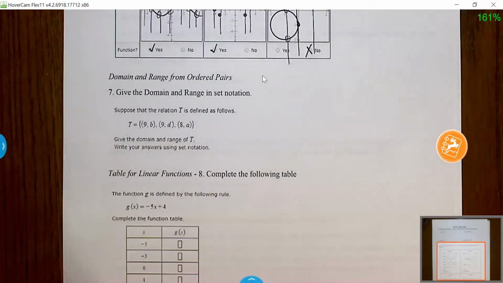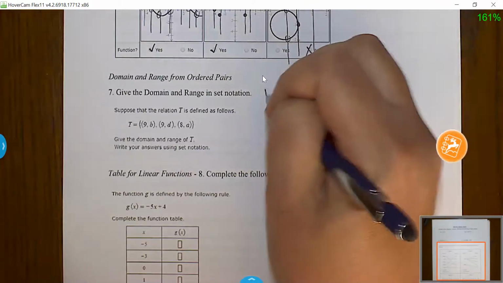All right, so suppose that the relation T is defined as T is the set of 9B, 9D, and 8A. Give the domain and range of T. Write your answers using set notation. Okay, set notation. That's the tricky part of this, the set notation.